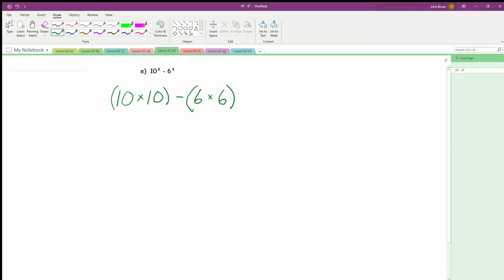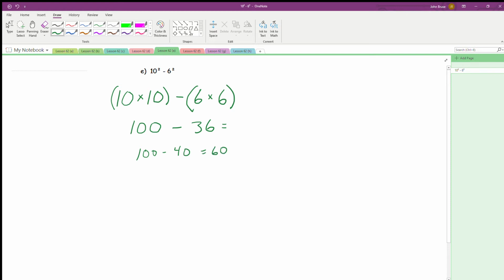So 10 times 10, that is 100. And we're going to subtract 6 times 6 from 100, which is 36. So we've got 100 minus 36. Now we could solve that in our head, maybe. I would do that by subtracting 40 from 100, which gives me 60.